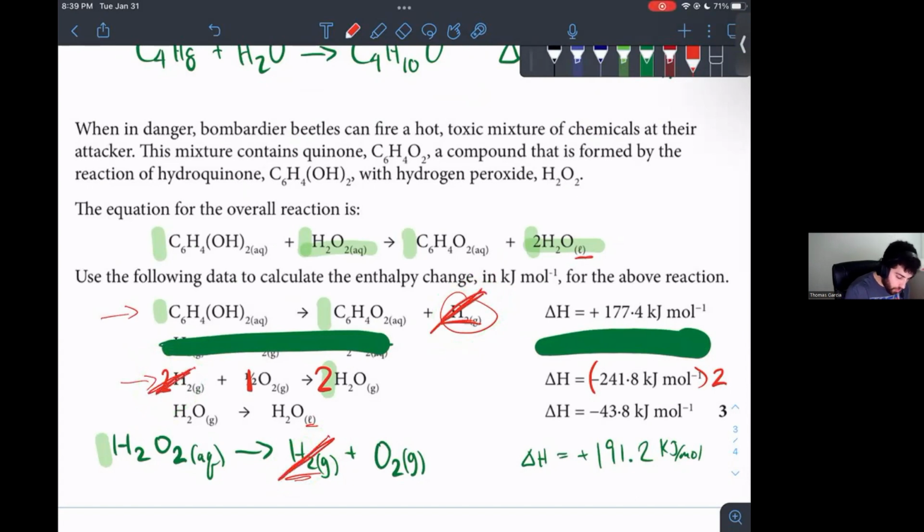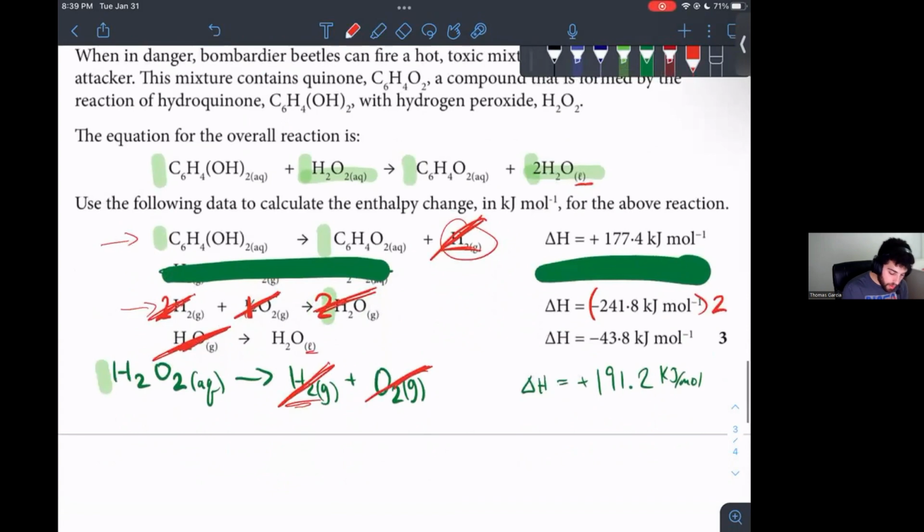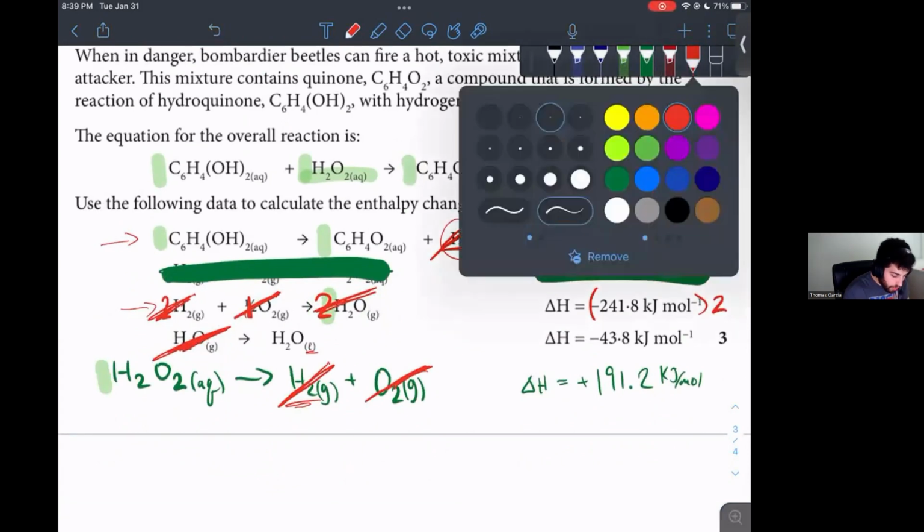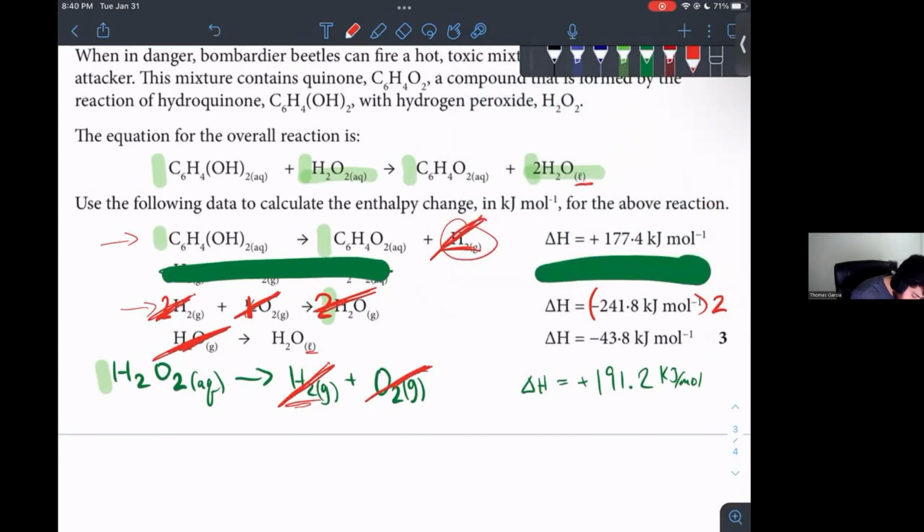We have 1 oxygen here, 1 oxygen here. So I'm going to go ahead and cancel these. We have 1 water in the gaseous state, 1 water in the gaseous state. So I'm going to go ahead and cancel these. And I'm left with, when I add all this up, my entirely new formula, the one that's shown above.